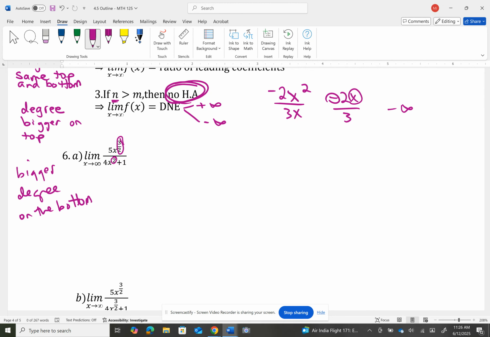So that means the function on the bottom is growing more rapidly than the one on top. This one is going to wind up having a limit, as x approaches infinity, the limit would wind up being 0. It's going to turn out that there would be a horizontal asymptote. The horizontal asymptote would be the line y equals 0. Okay.